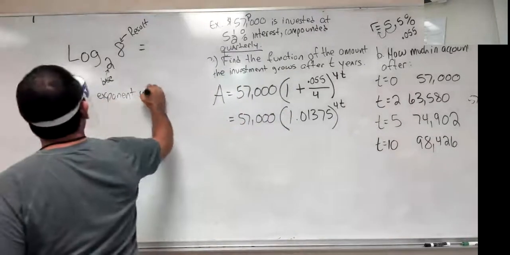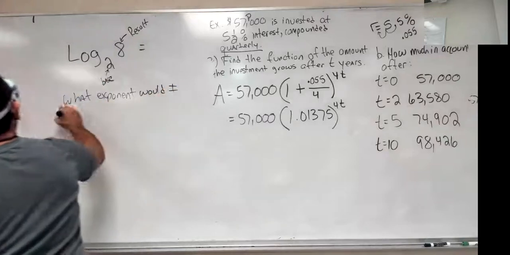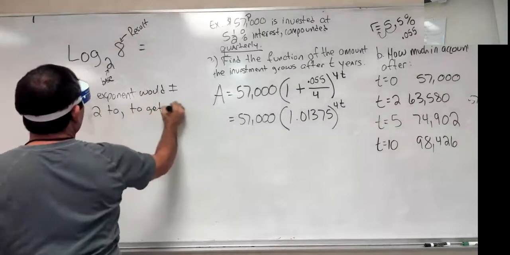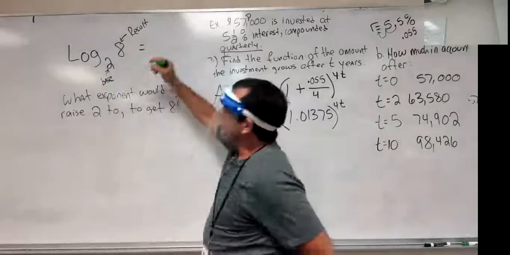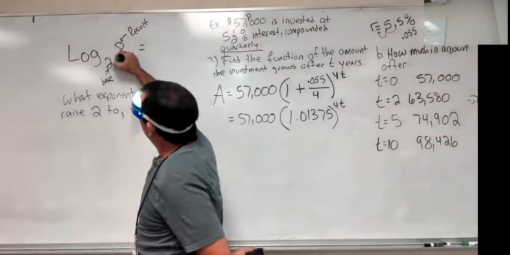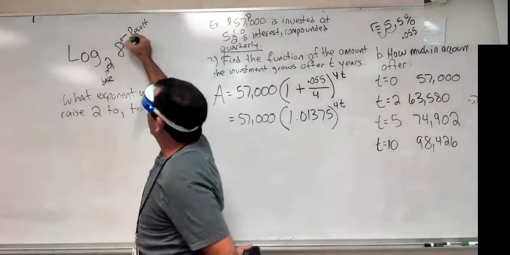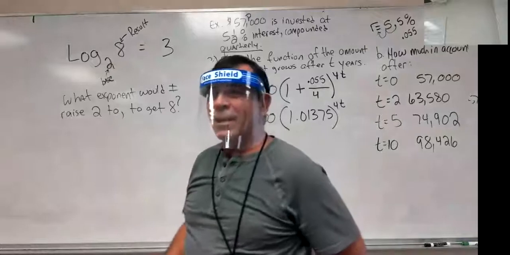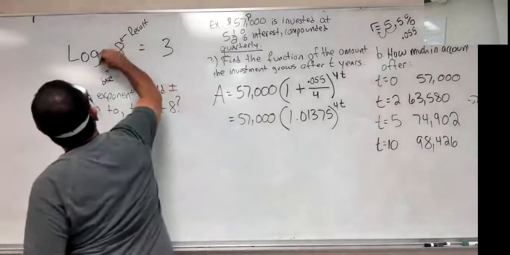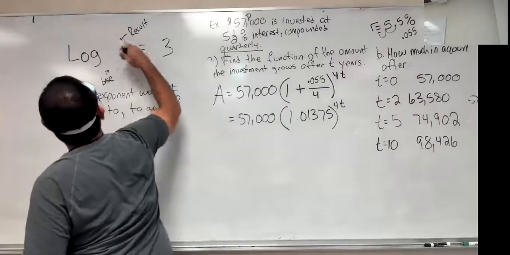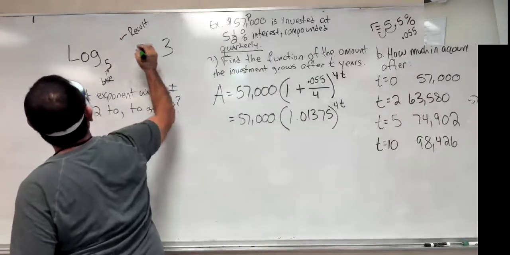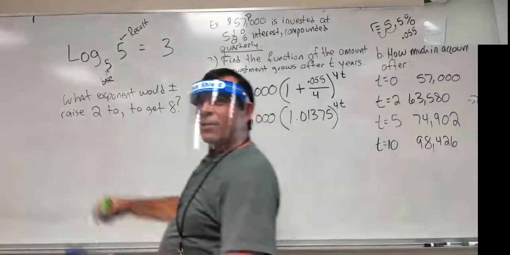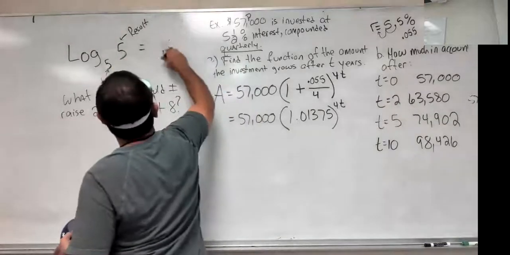So what exponent would raise 2 to get 8? That's what that's asking me. That's the base. So you want to figure out how many times you multiply 2 times itself to get an 8. That would be a 3. Watch this. What if this was a 1? 5 to the first power would be 5, so this would equal 1.